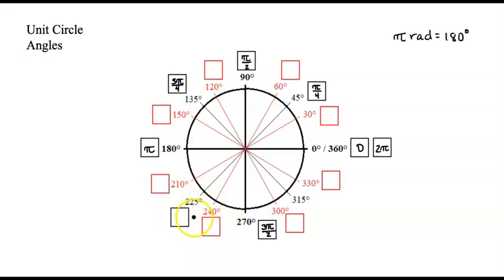Now I'm looking at my 225 degrees. Halfway between pi and 3 pi over 2 is going to be 5 pi over 4. And halfway between 3 pi over 2 and 2 pi is going to be 7 pi over 4.